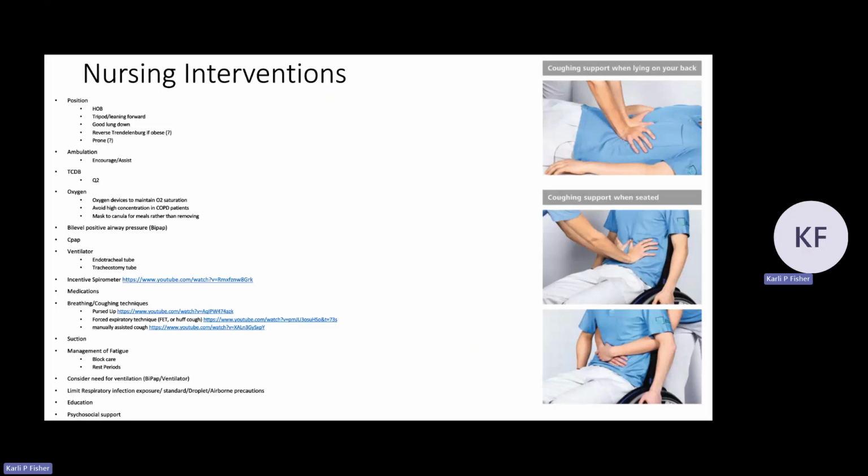So reverse Trendelenburg, for patients who are obese, helps get that weight off of their chest. But a prone position, we saw this in COVID a lot. That prone position helped make sure that the anterior alveoli got that ventilation and got that blood flow.